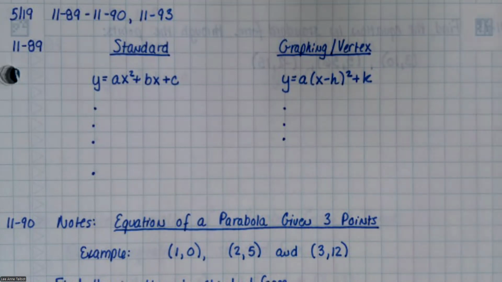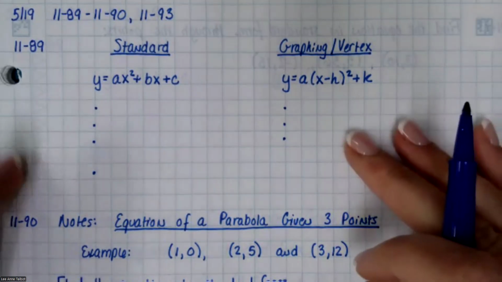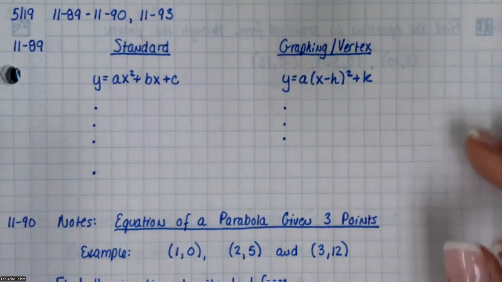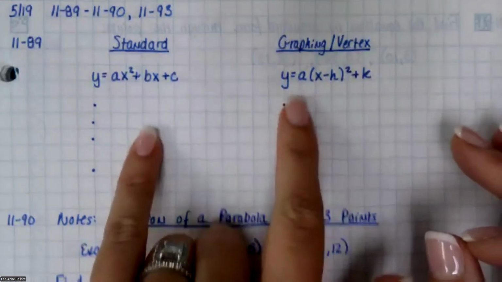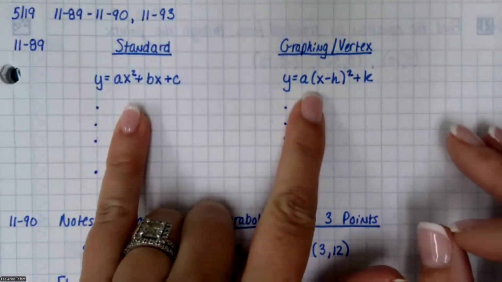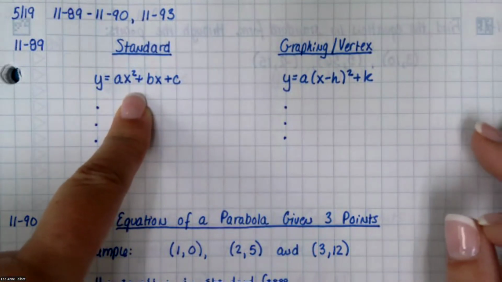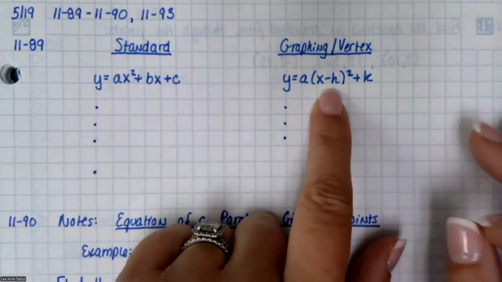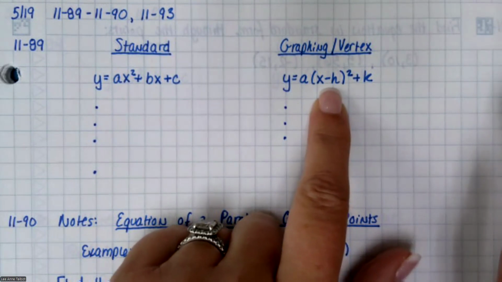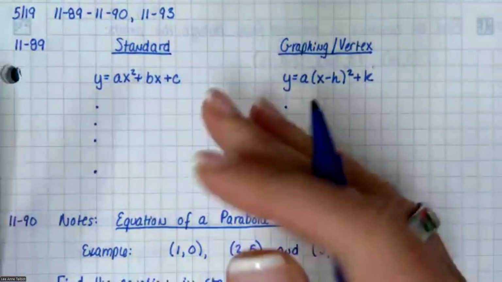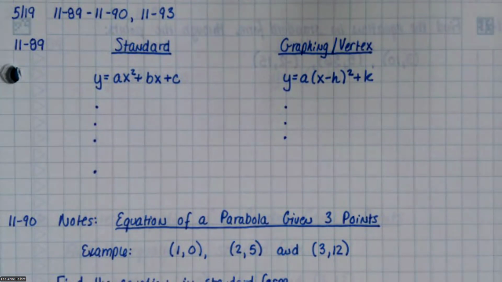Ooh, snap. Okay. So the first thing we're gonna do, guys, is we are going to talk about the differences between these two things. So this is a parabola in standard form. This is a parabola in graphing or vertex form. And we're going to talk about some pros and cons of each of them.